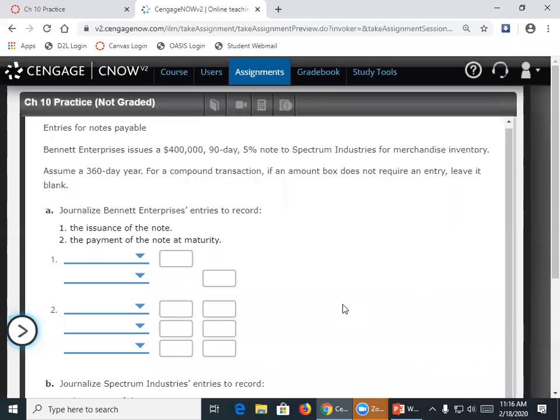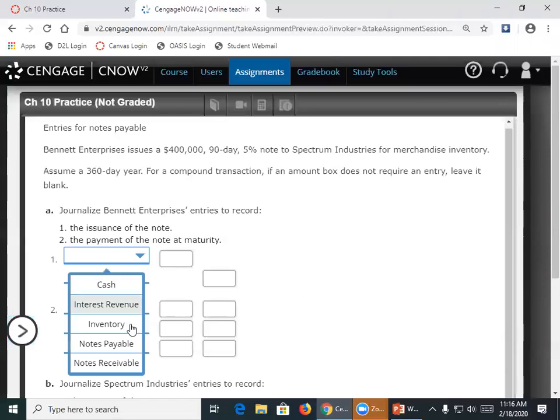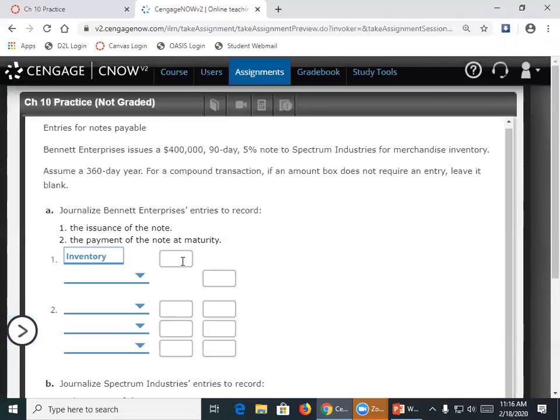Well, inventory, what kind of account is inventory? Asset? It's an asset. Good. So when we purchase inventory, do we debit or credit it? Debit. Okay, very good. So when we issue the note here, since we're paying for inventory, we're just going to debit inventory, the 400,000. Oh, not 4 million.